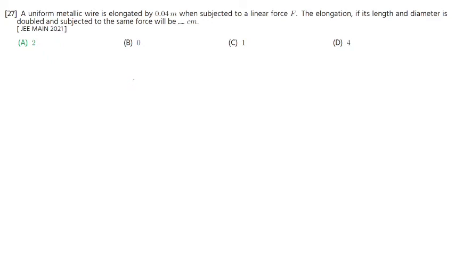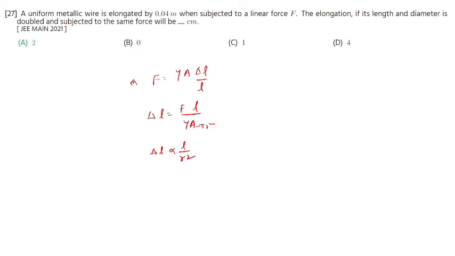According to the formula, F is equal to YA into delta L by L. So delta L is equal to F into L divided by Y into A, right? From this relation, we can say that delta L is proportional to L by R square, because area is nothing but pi R square, no? Delta L is proportional to L by R square.